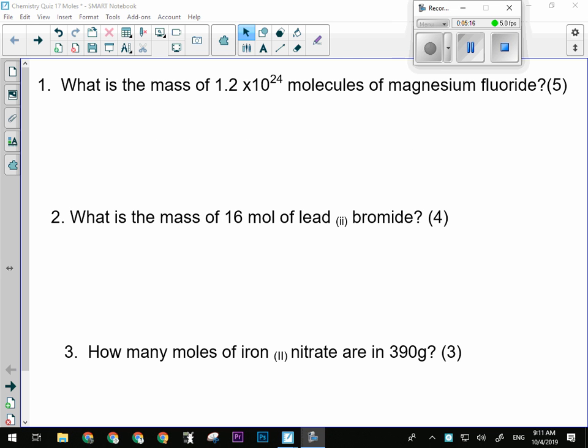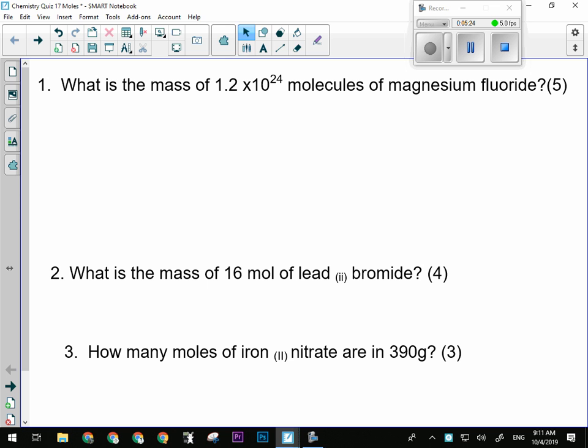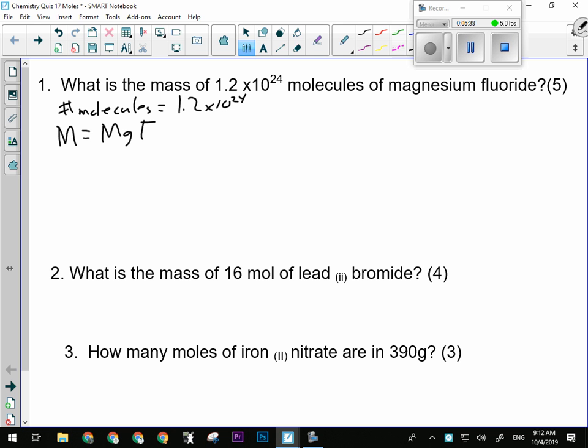All right, so for number 1 here, we're looking for the mass. Number 1 is the one that obviously has the most steps, so it's kind of like our 5-mark question. What we know right now is the number of molecules, 1.2 times 10 to the 24, and we know that it's magnesium fluoride, so MgF2.